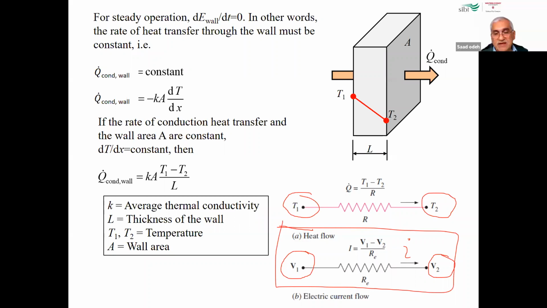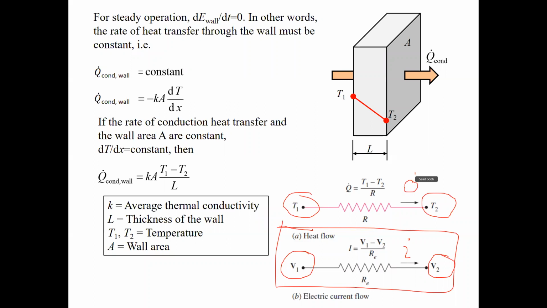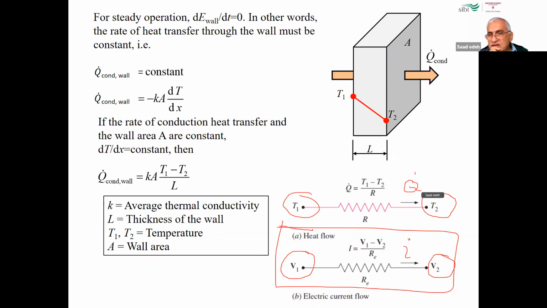Heat. Yeah, exactly. So Q dot here is the flow in the wall. Heat is transferring through the wall, while in the circuit it was the current. So the difference in voltage we substitute by the difference in temperature, and the current we substitute by Q dot, which is the heat transfer. So now we have something similar to the circuit.